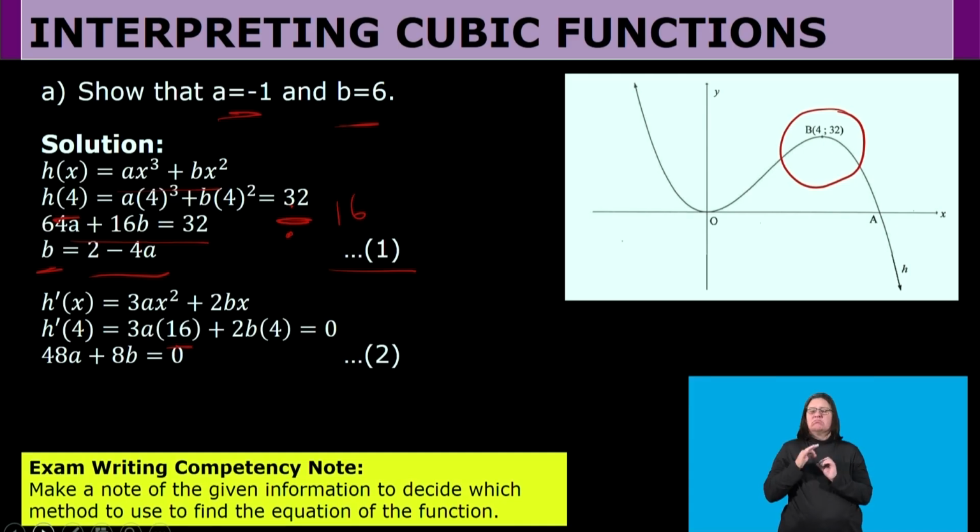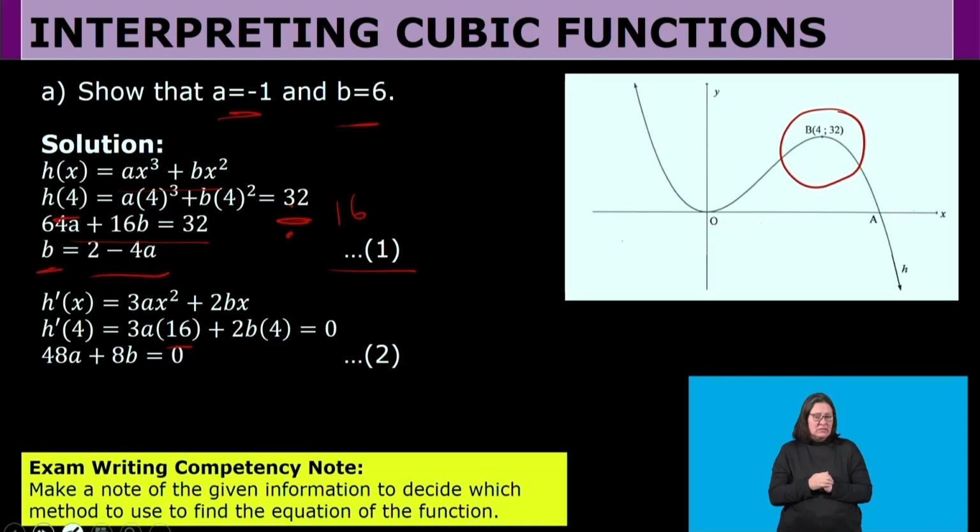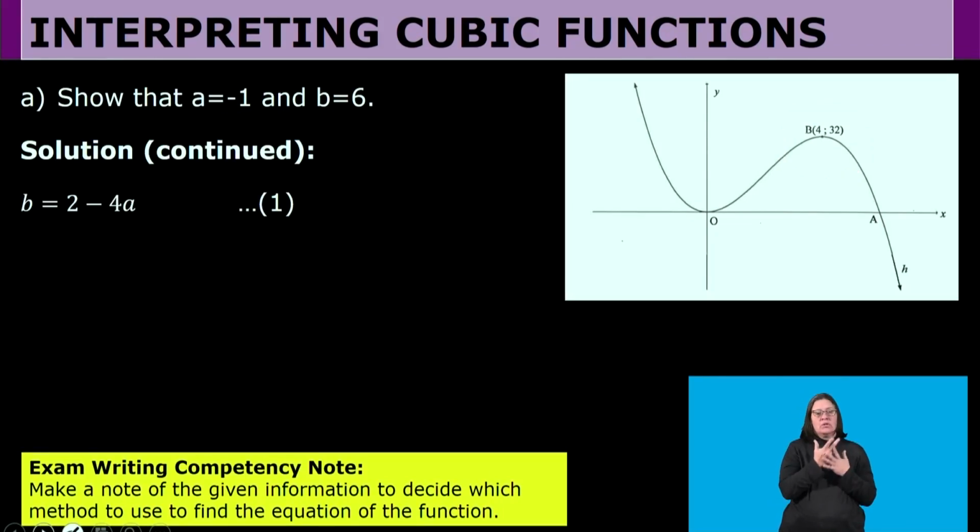You can go further there if you really wanted to, and you can get into fractional equations, but you really don't want to tackle fractions if you don't have to in a simultaneous equation. Things can get messy. Okay, so we've got our two equations. We now need to solve them. So our first equation, b is equal to 2 minus 4a. Our second equation is 48a plus 8b is equal to 0.